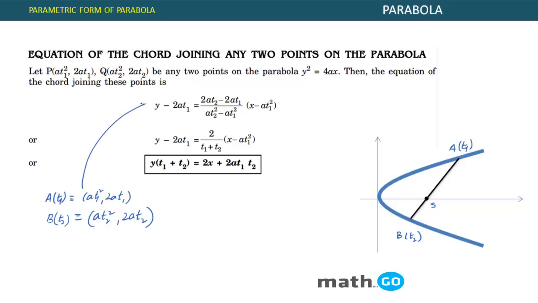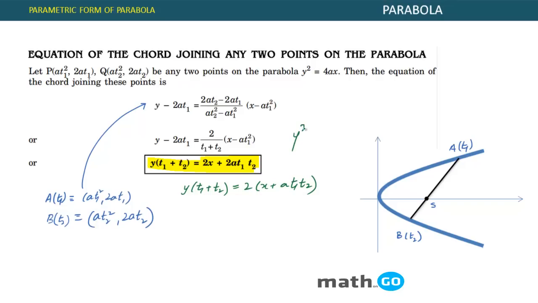If two points are given, see this is what I am doing here. y minus y1 is equal to m times x minus x1, right? So if you try and solve this, it gets simplified to a very beautiful answer: y into t1 plus t2 is equal to 2 times x plus at1t2. So if you want to remember this, you can remember it like this: y into t1 plus t2 is equal to 2 times x plus at1t2.